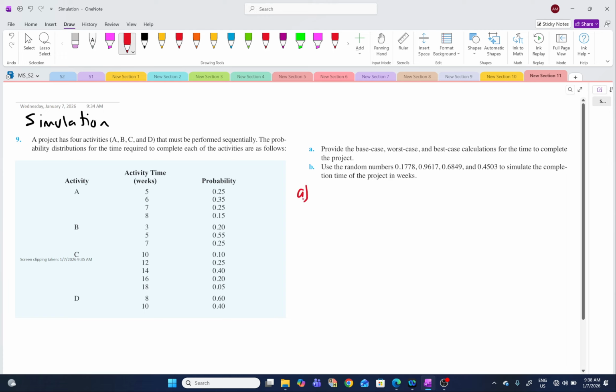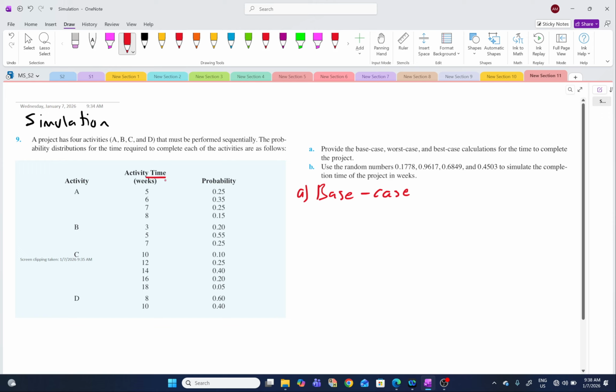So for question A here, if I want to find the base case, for activity A, the time given here is 6 weeks.